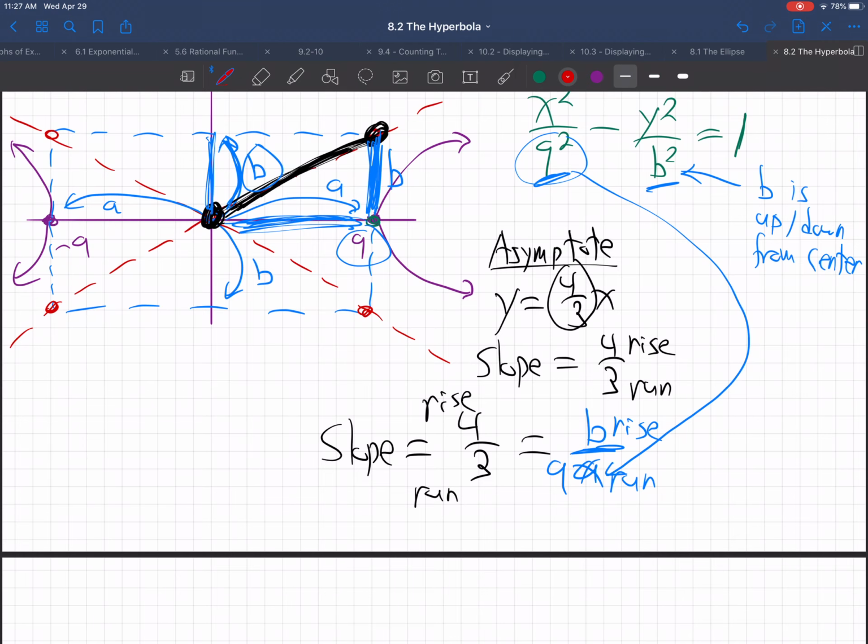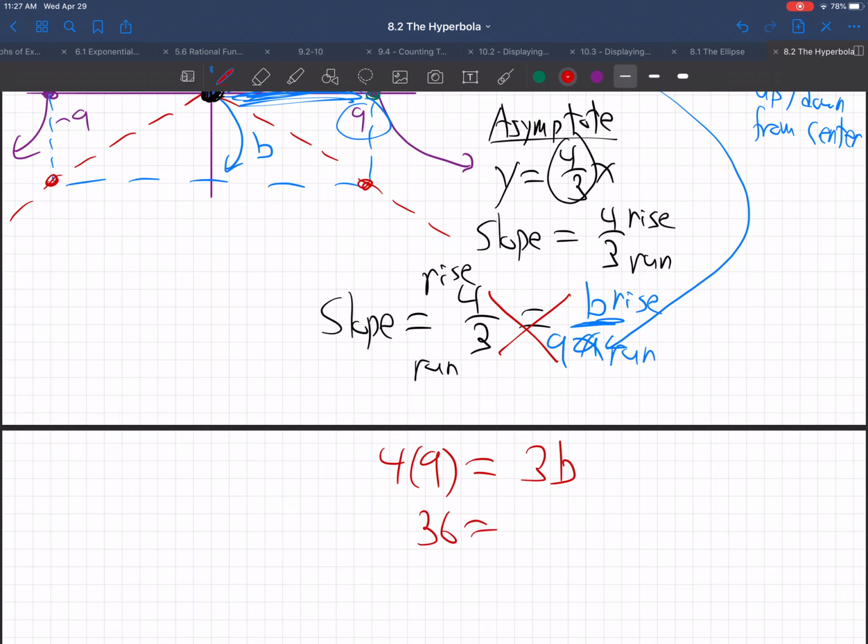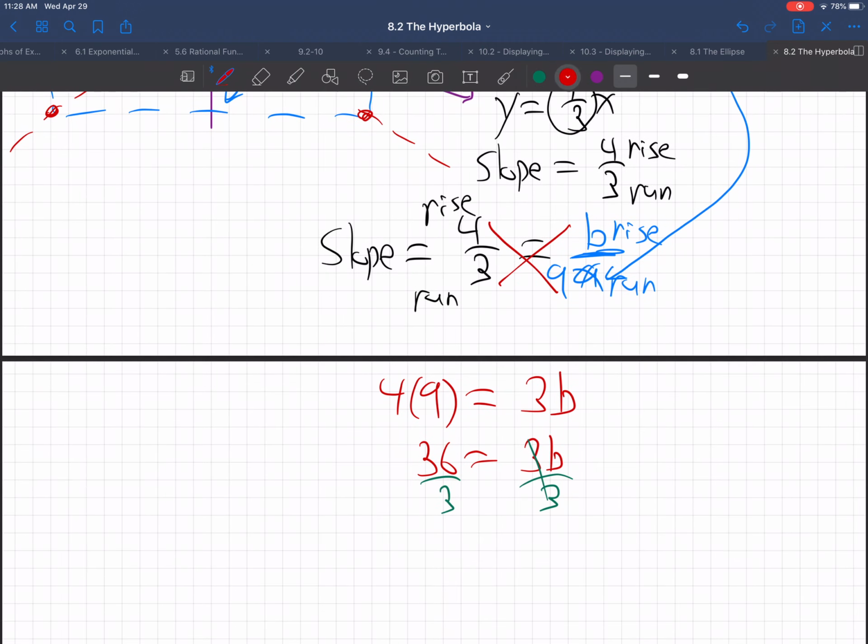What do you do when you get two equal fractions? Diagonal, diagonal. You know that? 4 times 9 is 3 times b. So that's 36 is 3b. Last step, divide by 3, and b is 12. So b must be 12.